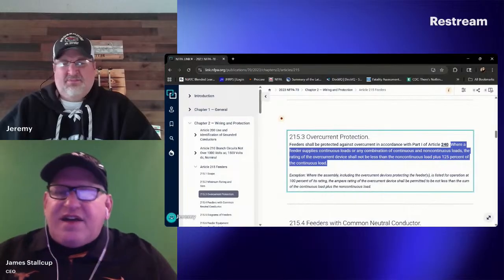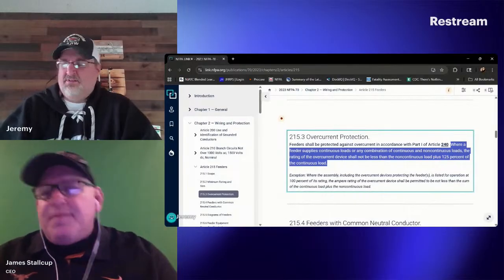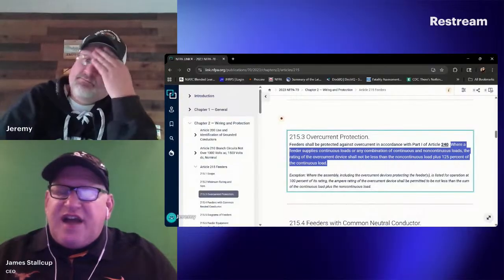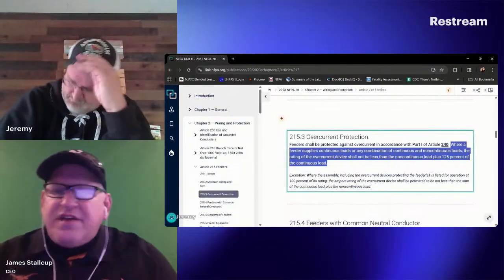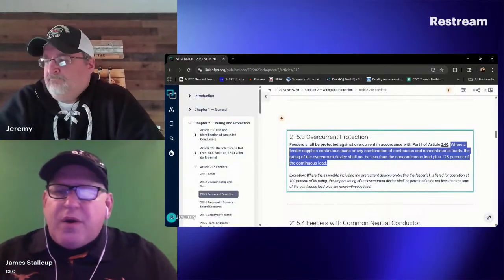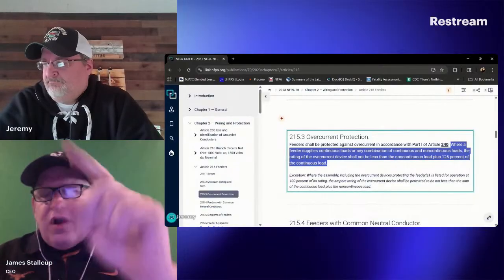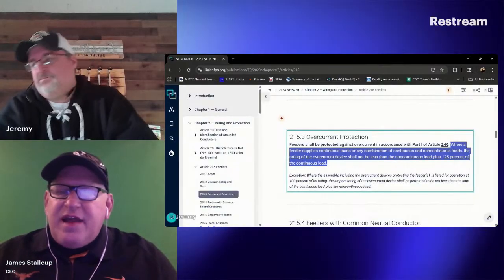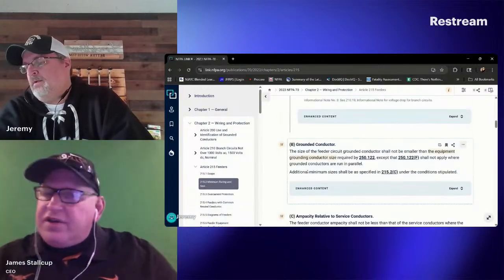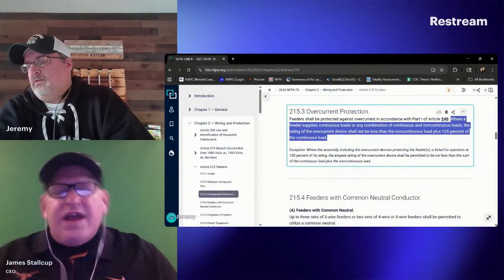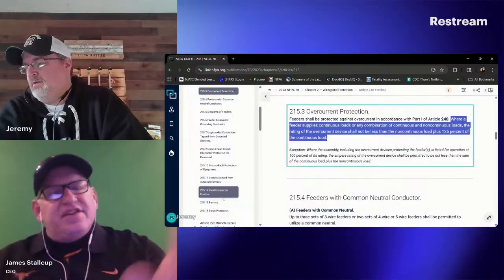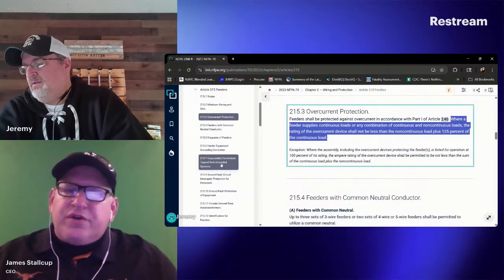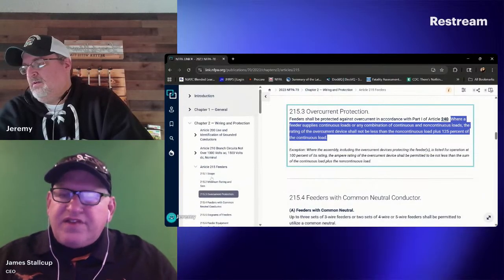And once you size the conductor, when you get ready to look at sizing the overcurrent device, where does it tell you to go? Article 240 Part 1. When you look at devices 800 amps or less, you can protect the load or the conductor. And once you're over 800 amps and the conductors have been sized, it says the conductors have to be equal to or greater than the rating of the overcurrent device.